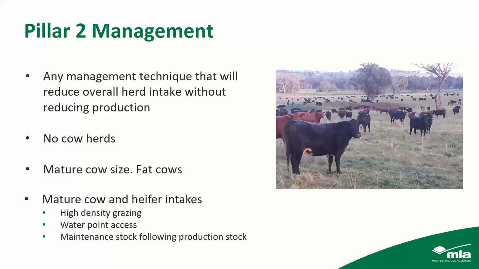We don't want condition score 1s in any production system. So again, how we manage our cows flows through into how we manage our heifers as well. There are producers out there that are joining 450 kilogram heifers. Again, an absolute waste of feed and a creation of methane that we don't need to be doing. This is real stuff that you can do straight away.